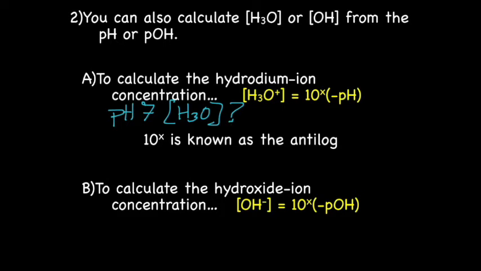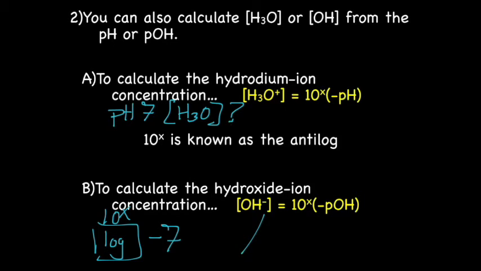So what you would put in your calculator is your 10 to the x button, except it's probably not a button, right? It's probably a shift key. Let's do that again. So you have log, but what you're going to hit is your 10 to the x, and then you're going to hit the negative, and then you're going to hit 7. And that should give you your answer.